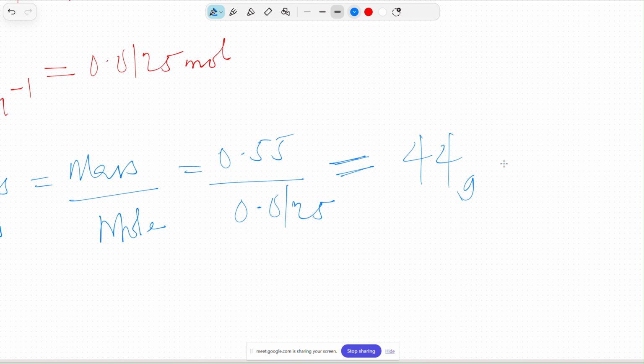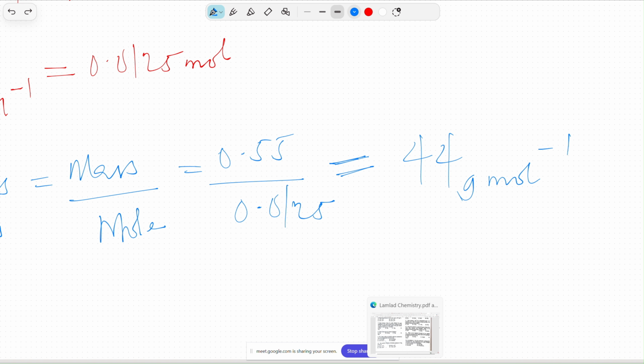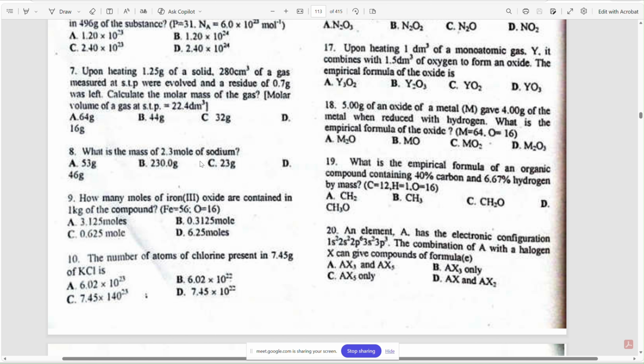You have 44 grams per mole. It is molar mass, right? At times, molar mass could be written in just grams. However, at times you can write it as 44 grams per mole.